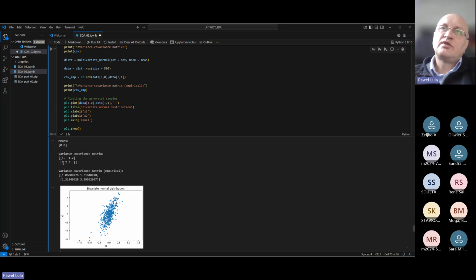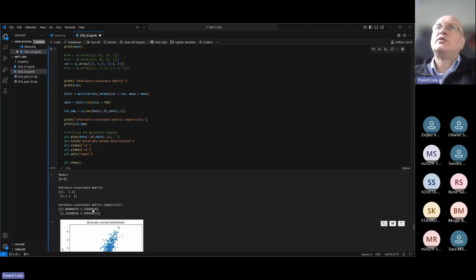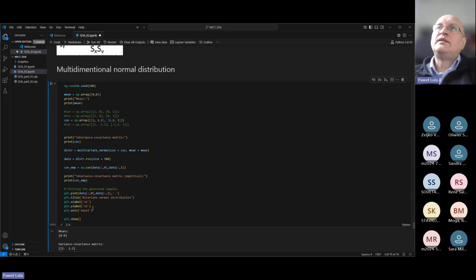These values, which are off the main diagonal, define covariances between the first and the second variable. They are positive. It means that points are located along the line in this direction. And the last example.